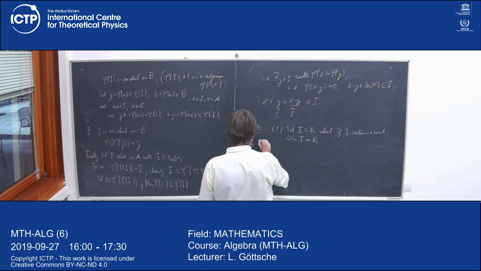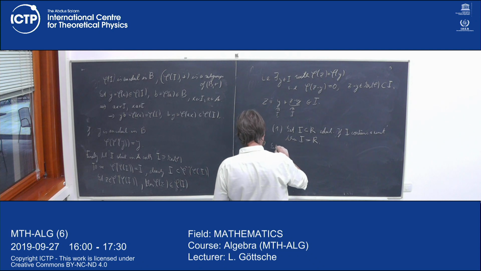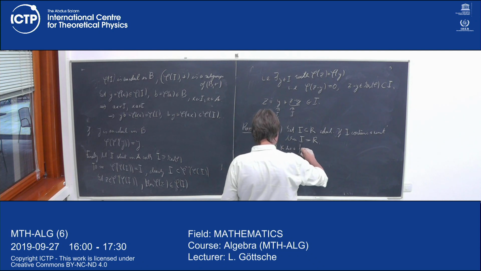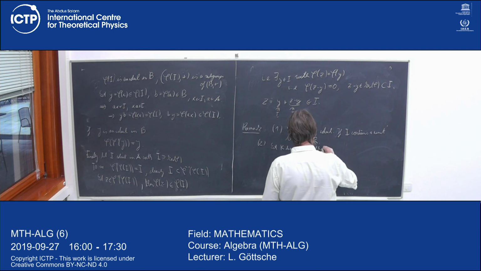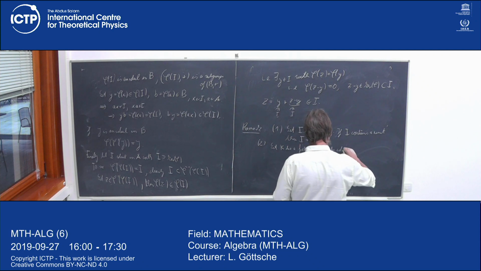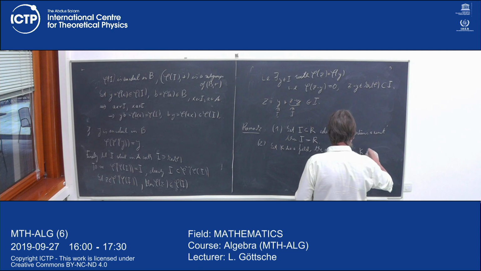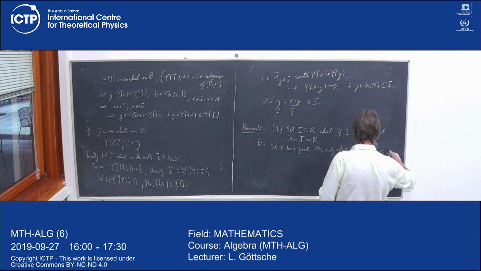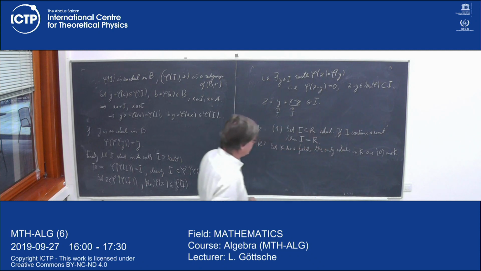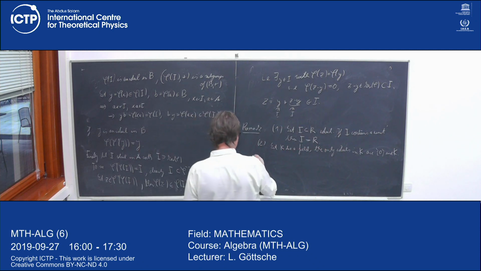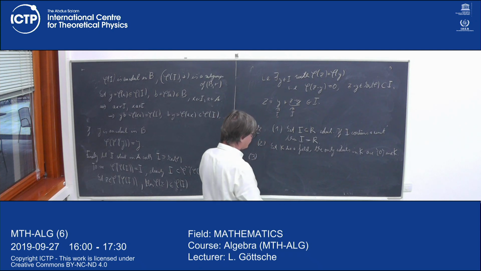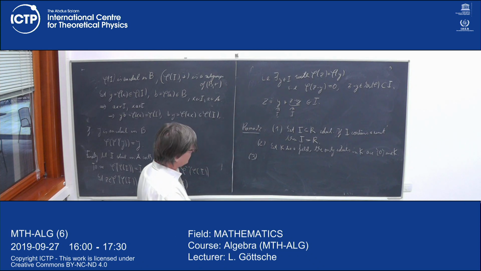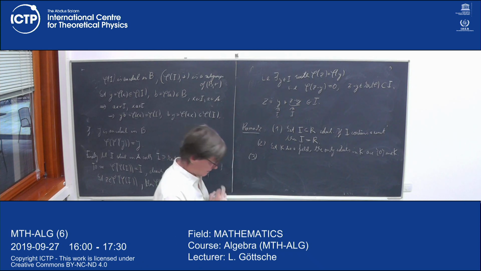Okay, well, the second one is an application of that. Let K be a field. The only ideals in K are 0 and K. If we have a field, it has extremely few ideals, and the consequence of that will be that if I have a homomorphism from a field to another ring, then it's either injective or the zero map.